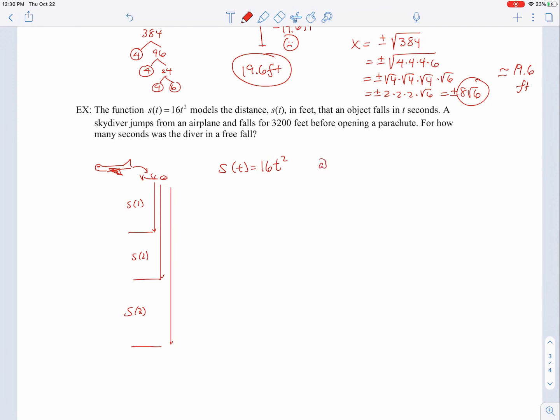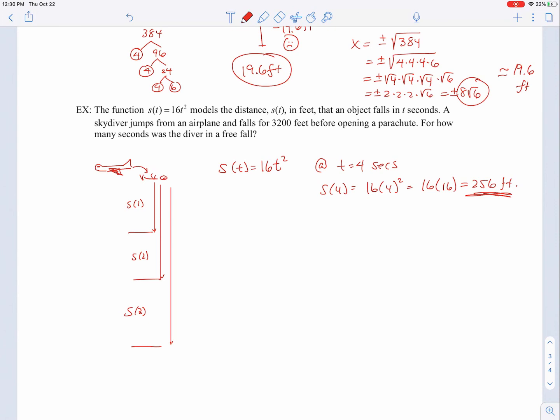For example, at t equals 4 seconds, s of 4 is 16 times 4 squared, which is 16 times 16, which is 256 feet. So after 4 seconds, the skydiver will be 256 feet below the height when he jumped out of the plane.